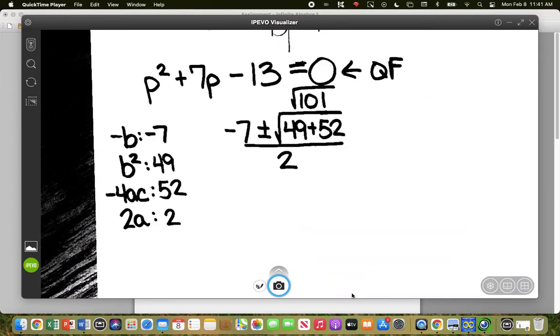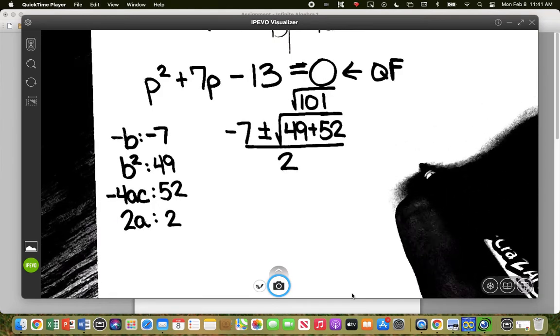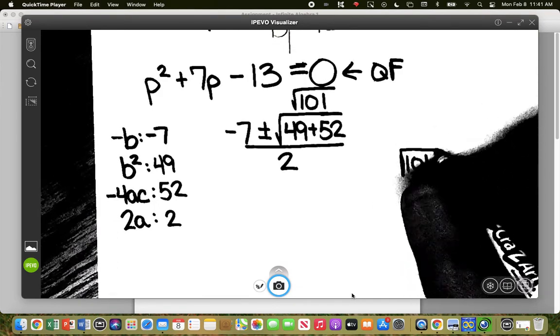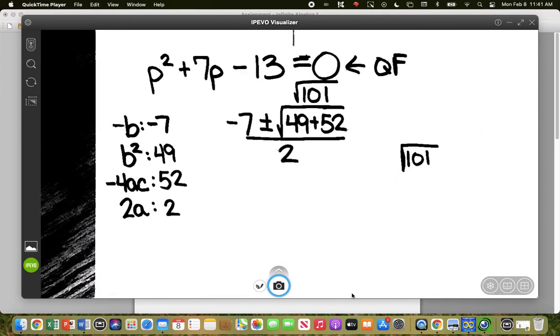Now, I want you guys to take a look at 101. If I wanted to simplify this, can I divide it by 3? You guys have your calculators. Is it divisible by 3? No. All right, is it divisible by 5? No. Is it divisible by 7? No. You do know I'm just going through the prime numbers, right? And I skipped 2 because it was odd. All right, so then the next prime number is 11.